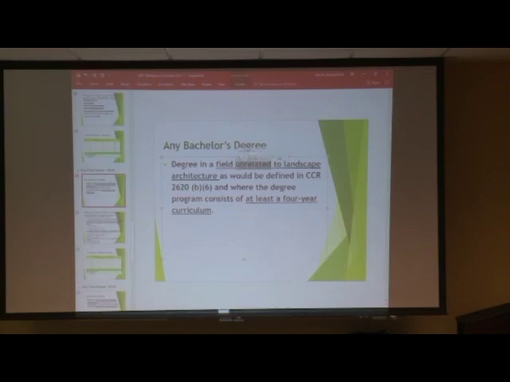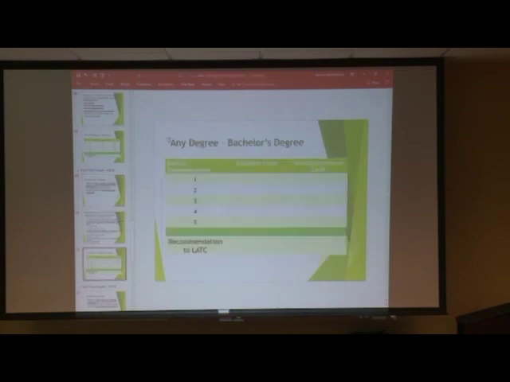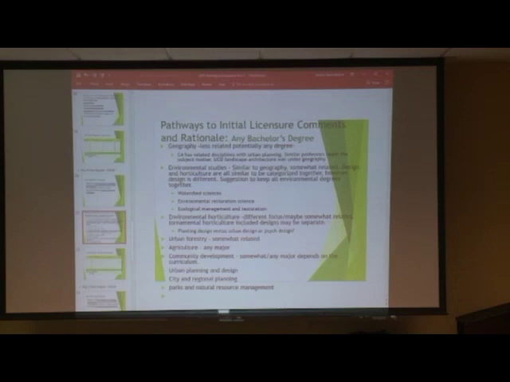Any 4-year degree. So then, would we need these different? We wouldn't need those.